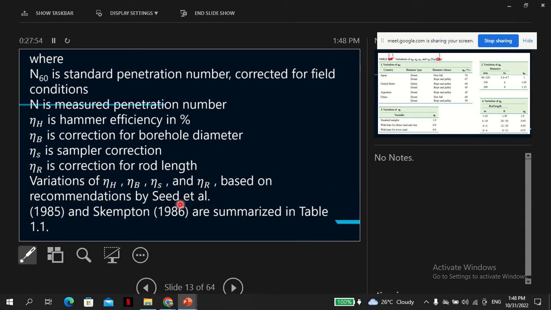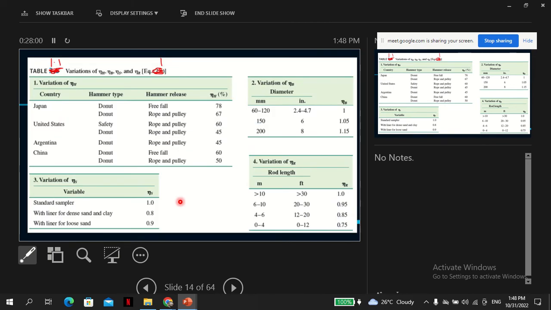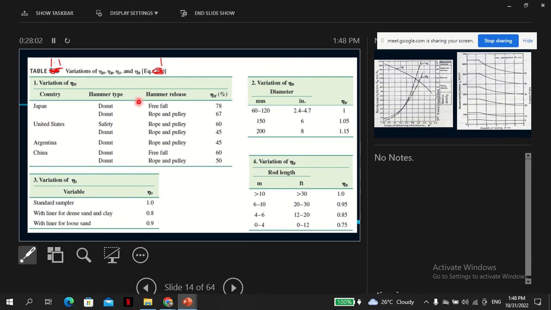So Seed did some good work and gave us some tables that are useful. We see them in the next table. I've told you that several hammers have established efficiency, so you can see this. For different countries as well, we have to look to different jurisdictions. Like I've said, in our country we don't have this.